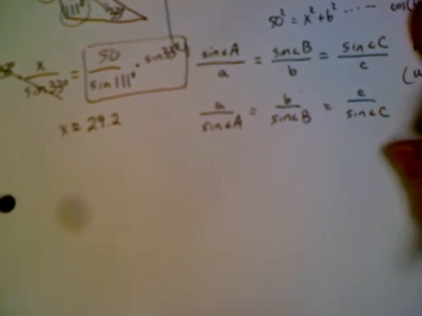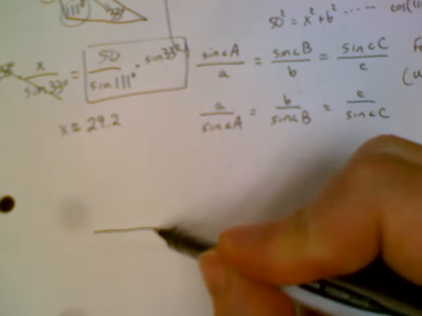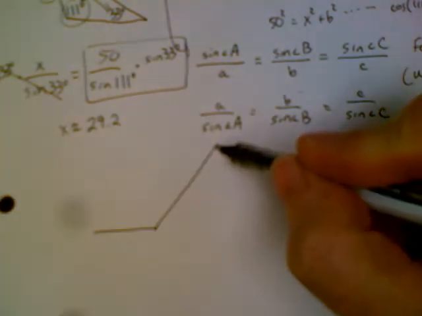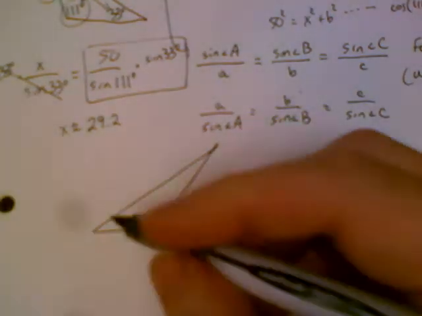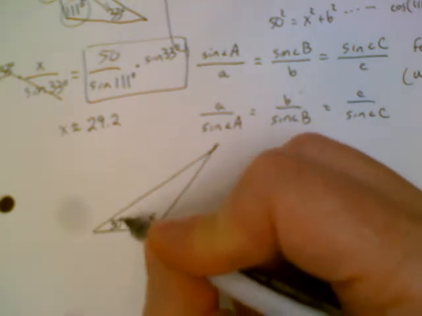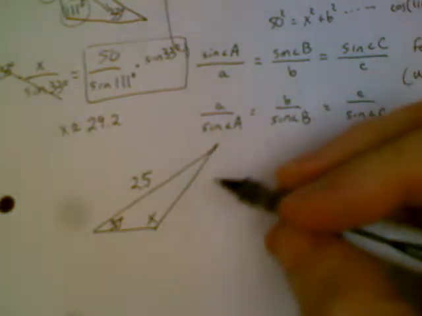Let's do another problem using the law of sines, this time to solve for a missing angle measure instead of a side length. I'm going to put that missing angle measure down there, and I'll give an angle measure over here of 30 degrees, and we'll put a 25 along that side, and we'll put a 20 along that side.